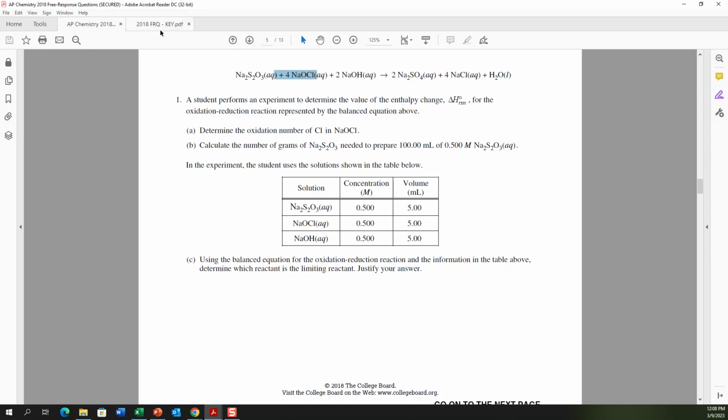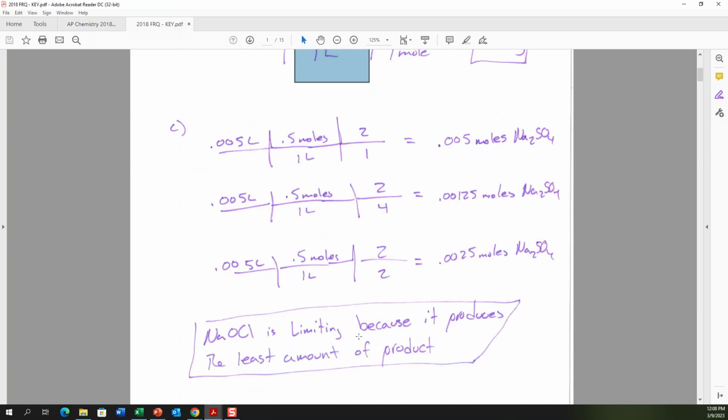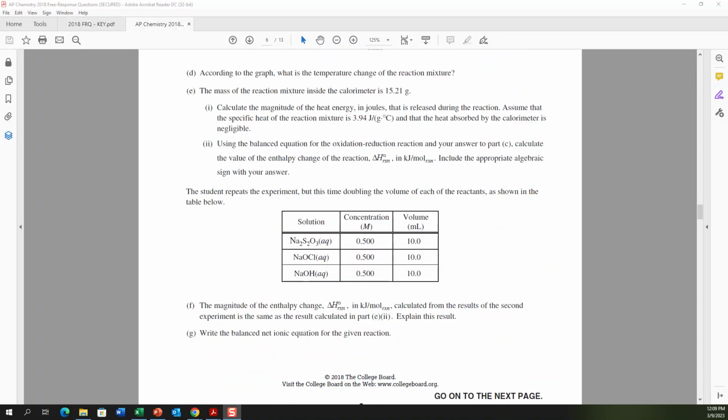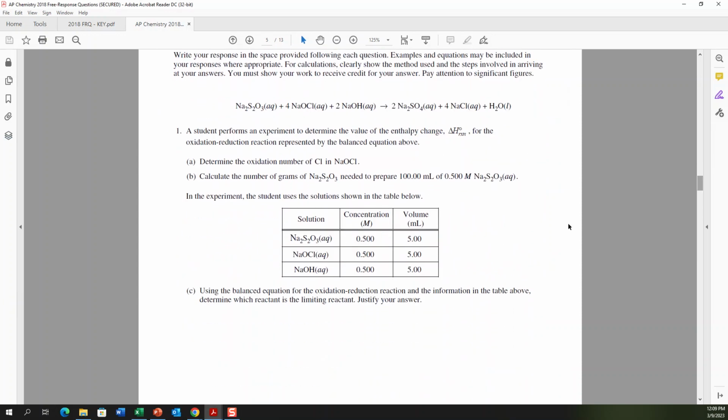Okay, so what did I do? I did liters times molarity for each thing, and then I multiplied by our mole ratio. But I went to sodium sulfate, so I was doing stoichiometry and figuring out how much of this product was being produced.